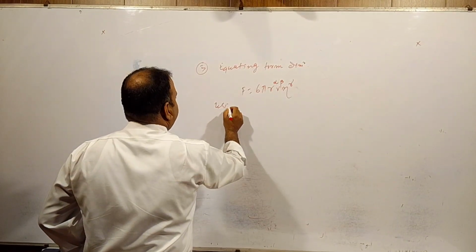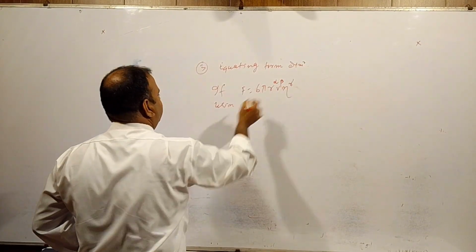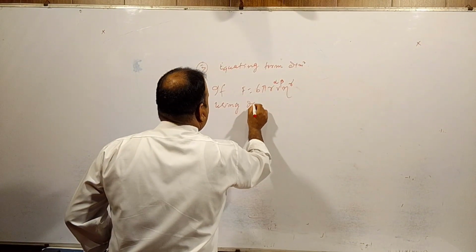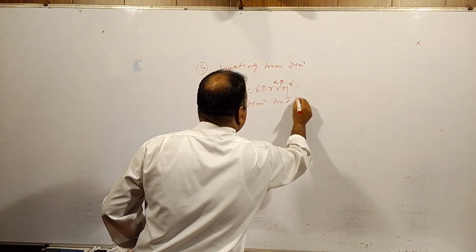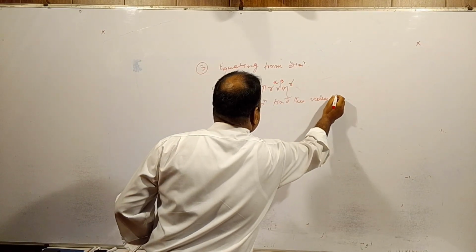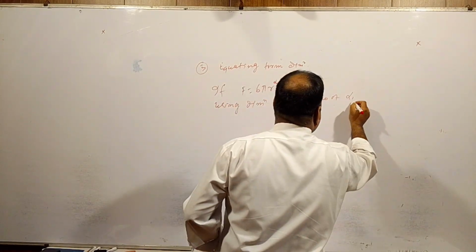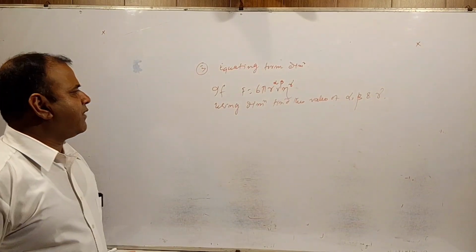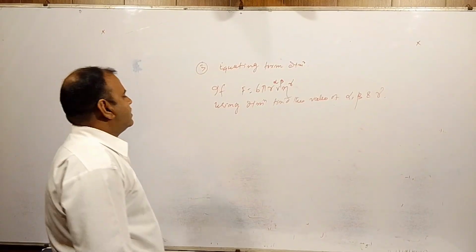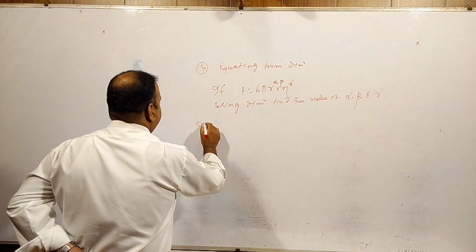So using dimension, this is the question: if F is equal to this one, find the value of alpha, beta and gamma. You can see the solution here.